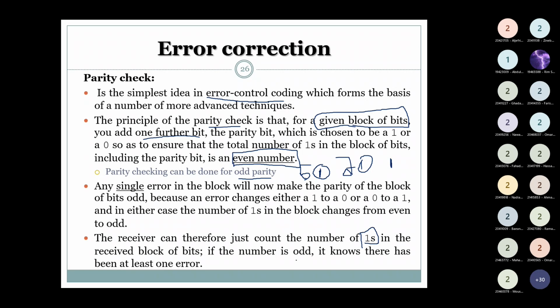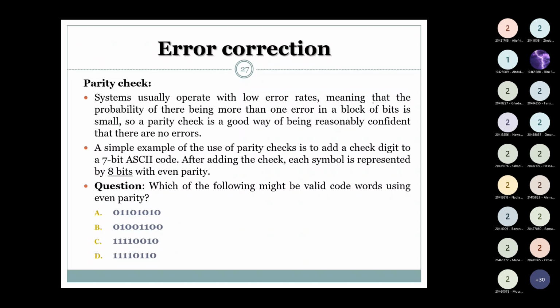If the number is odd, it knows that there has been at least one error. The system usually operates with low error rates, meaning that the probability of there being more than one error in a block of bits is small.